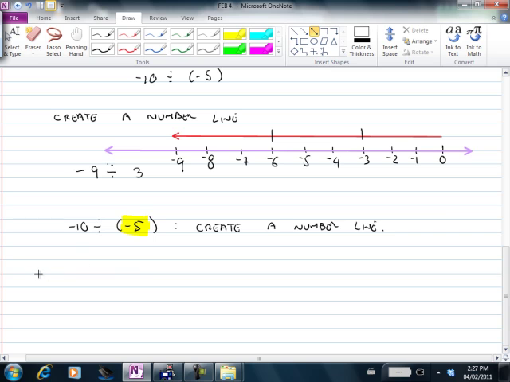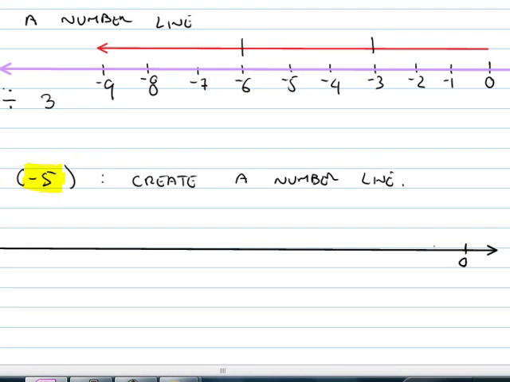So I'm going to draw my lines up first, straight. And I'm going to label up to negative 10. 0, negative 1, negative 2, negative 3, negative 4, 5, 6, 7, 8, 9, 10.